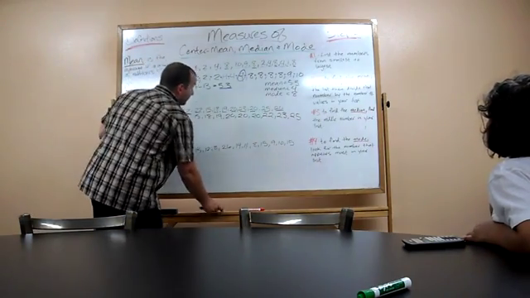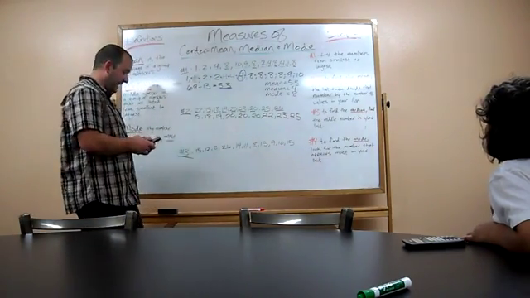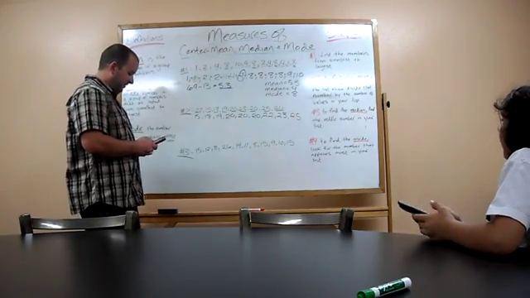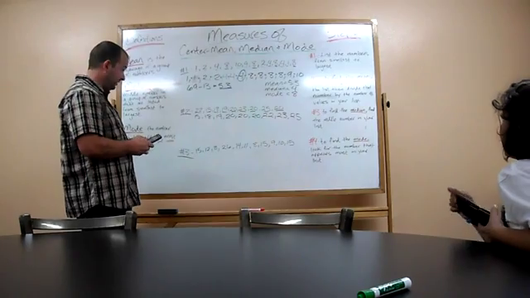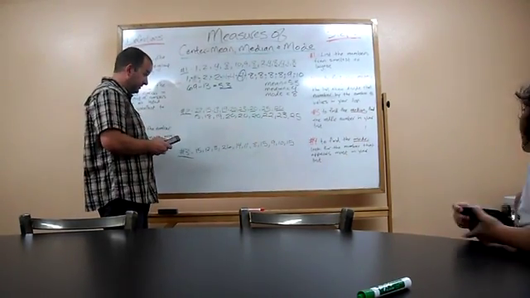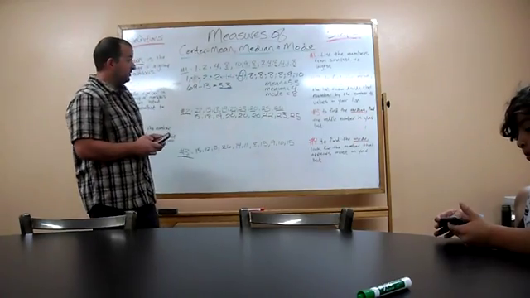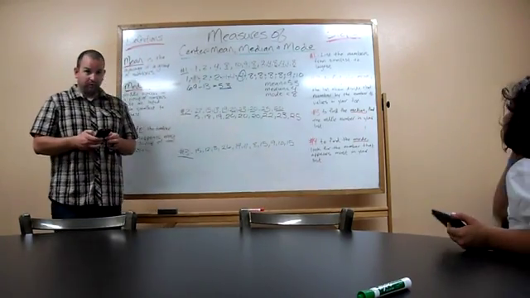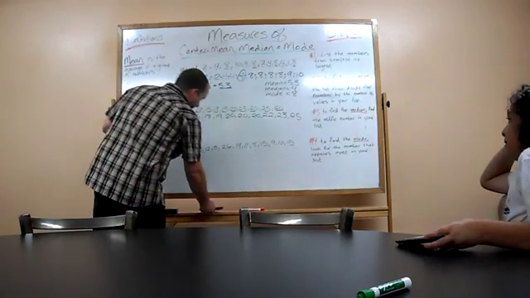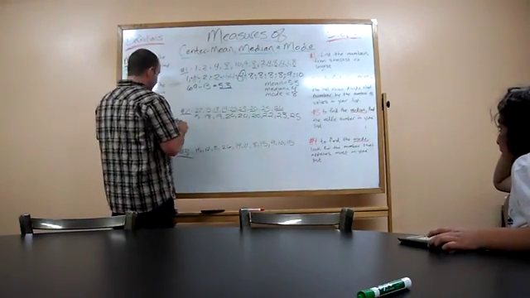Alright, so next, to find our mean, we are going to add all of our numbers together. So we can do 15 plus 18 plus 19 plus 20 plus 20 plus 20 plus 22 plus 23 and plus 25. That will give us 182.